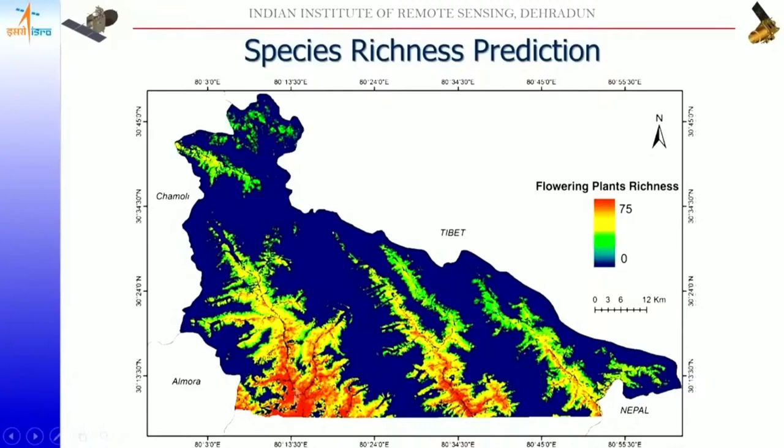In the lower area or the greater Himalayan or moister area, you will see high species richness. In landscapes which are less accessible and have very few sampling points, we can predict the species richness patterns with the help of the environmental proxies that we derive from remote sensing data.